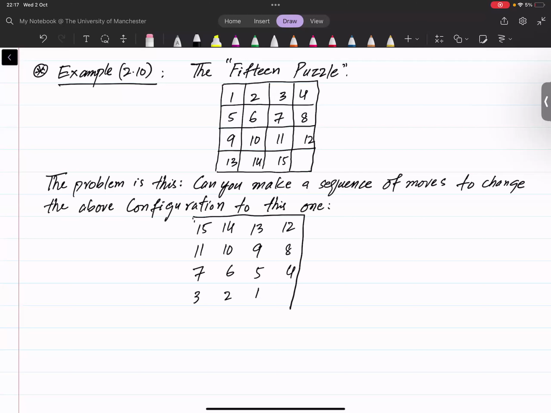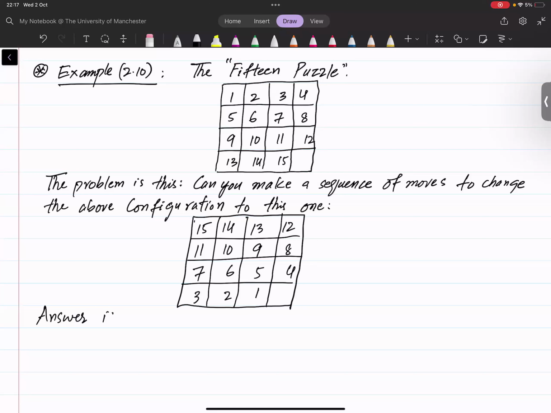Can we do that? The answer is no. No, you can't.